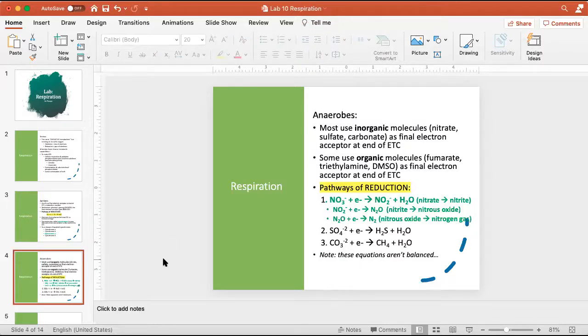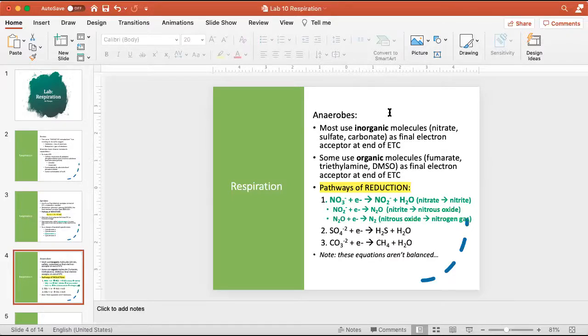So we looked at the pathway of reduction for aerobic organisms. Now let's think about the anaerobes. Remember, we said anaerobes, the organisms that do cellular respiration anaerobically, are using a molecule other than oxygen at the bottom of the electron transport chain. You've heard me say many times that sometimes they use nitrate, sometimes they use sulfate, sometimes they use carbonate.